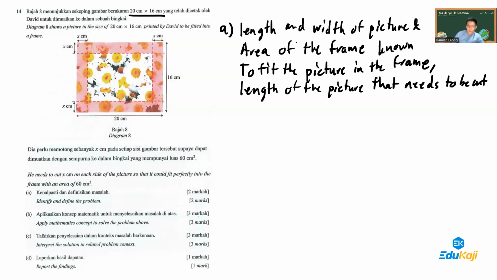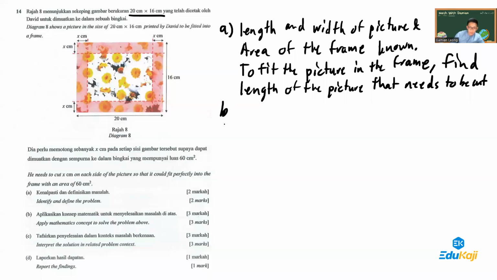So with these two pieces of information known, basically I want to find the length of the picture that needs to be cut. That's basically the problem in this situation here.